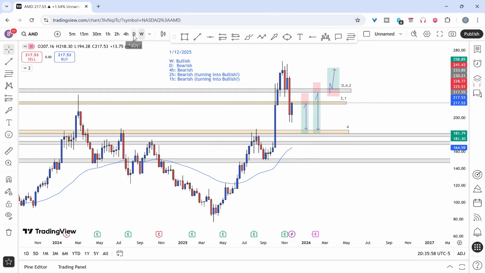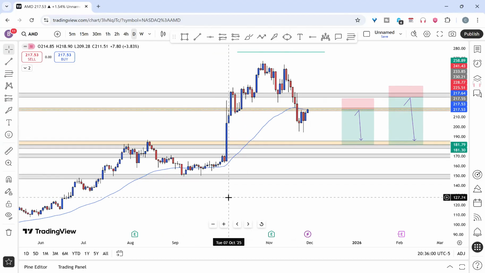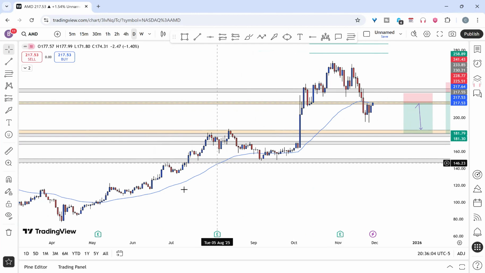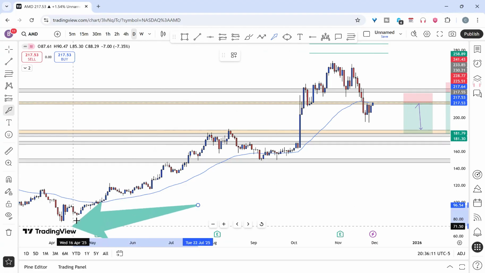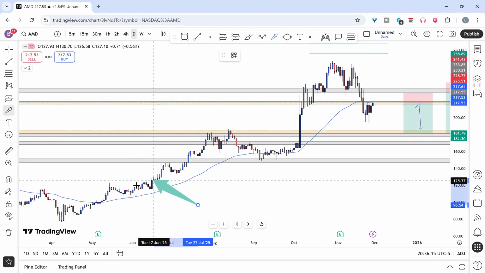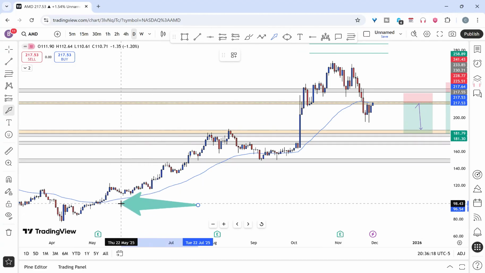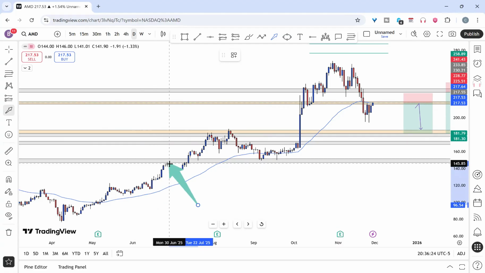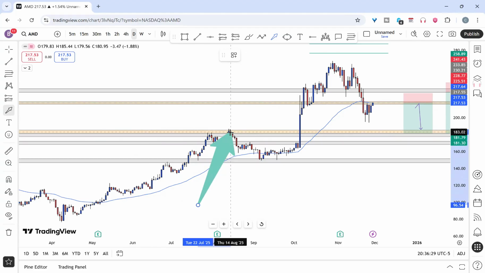Once we move into the daily time frame, now we're going to see something much cleaner, with a pattern like a staircase. As we can see from the left-hand side, it is slowly moving upwards like a staircase. As traders, we say higher low, higher high, higher low, higher high, and so on.